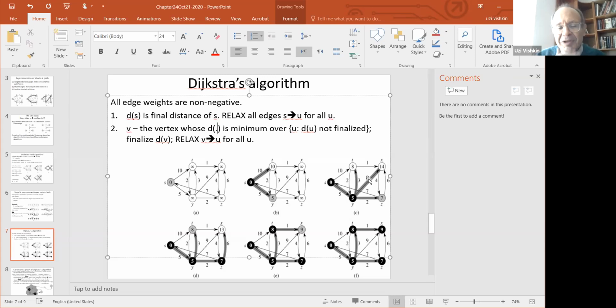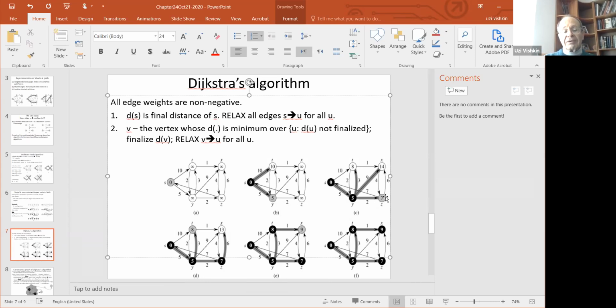You see, this confused me. I didn't understand how they reach 14. I thought that I read 7 here for some reason. My mistake, I'm sorry. So 5 plus 9 is 14. 14 is better than infinity, so we change the label of X to 14. Here, we offer Z 5 plus 2, which is 7. 7 is better than infinity, we change it to 7.